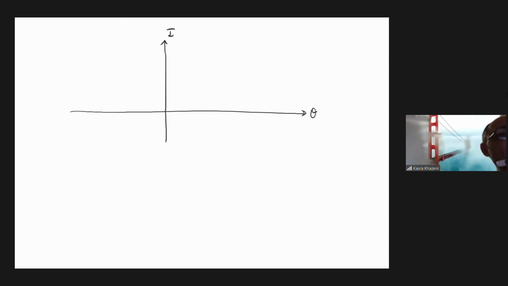The actual pattern was like this. Okay, so it goes something like this, and you can see the envelope of the diffraction pattern. So this is what you see for two slits.